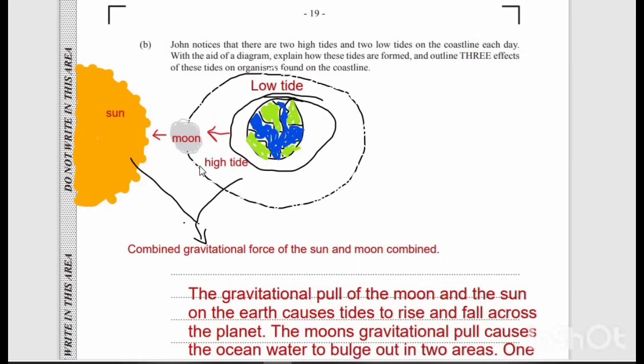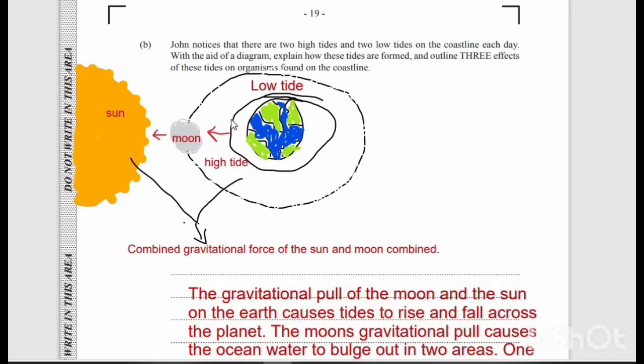So what happens, right, for this diagram, you would have to have the sun to the far left of your diagram, and then you would draw an image of the earth or the globe, which is further away. You would draw a little bulge or oval encasing the earth, which shows us the high tides and the low tides.